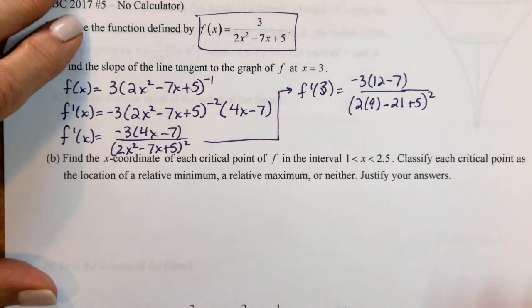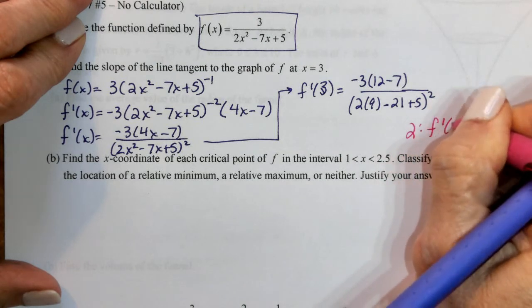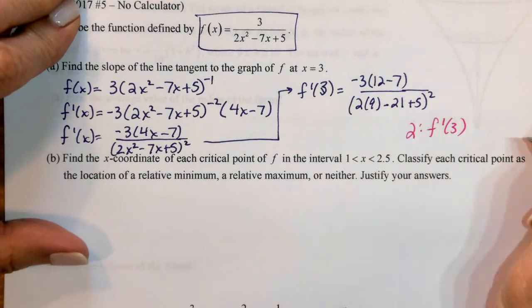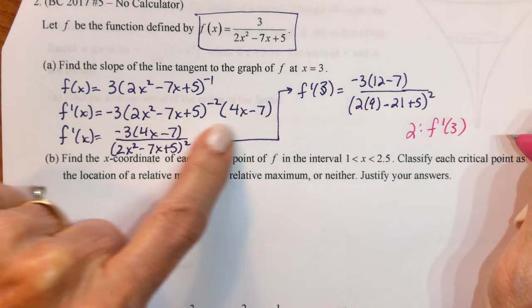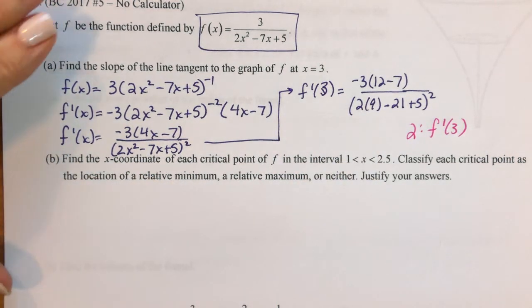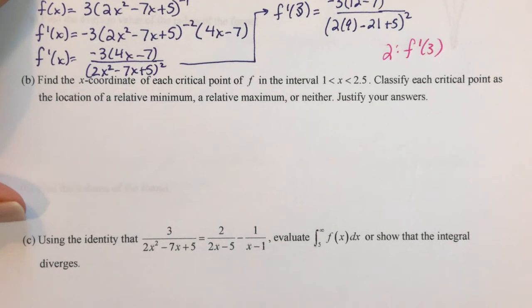This was worth just 2 points for f prime of 3. So I'm guessing that they split that up into having the correct derivative and then for the answer, but they didn't say that, so I'm not sure if they split it up or not. Just a guess.